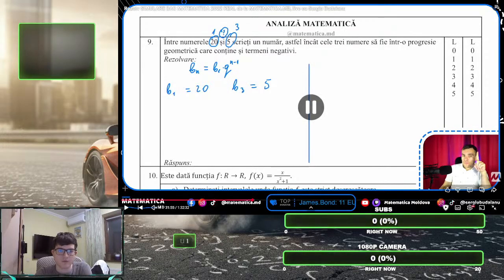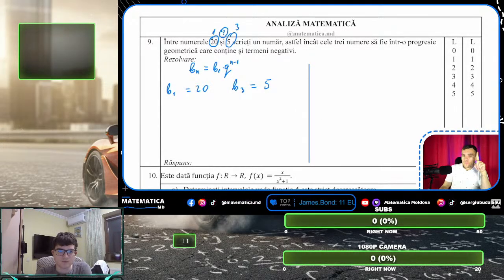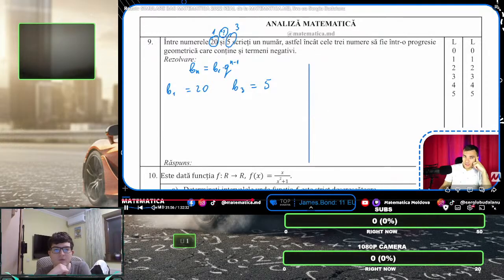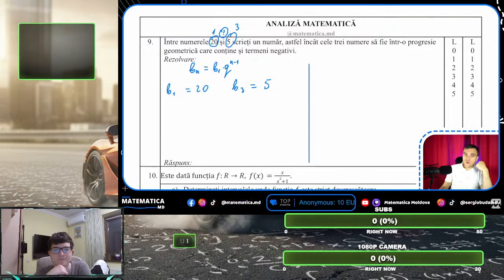So I wrote down that's B3. Because you take B1's 20 minus 5, that's going to be 15. How is this 5? Oh, so that's the second term between them. Second, that's 3. That's the third one, so that's 5 right there.